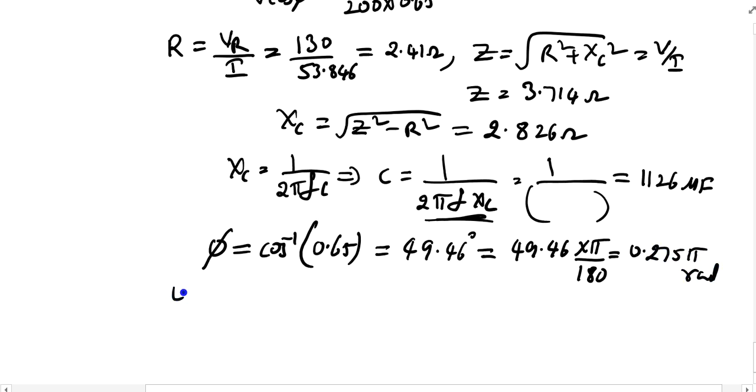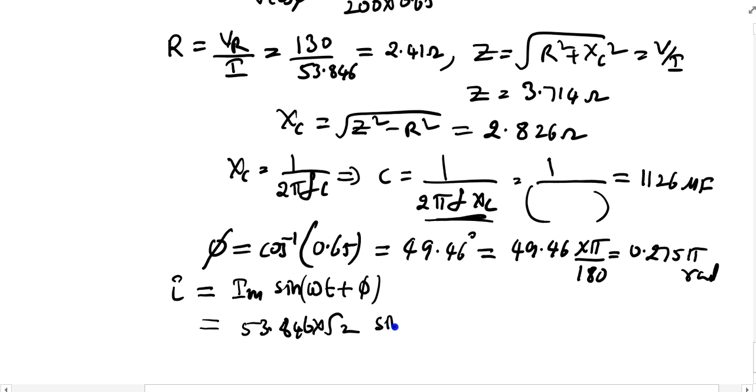Then what is the instantaneous current I can write here? It is nothing but Im sine omega t plus phi, isn't it? So what is Im? I can take Im as 53.846 into root 2 sine of 2 pi ft plus 0.275 pi.